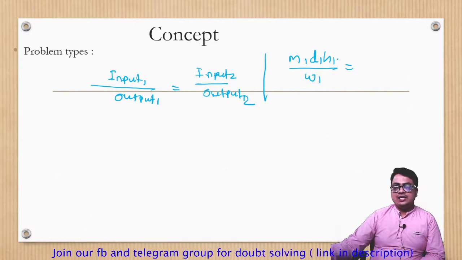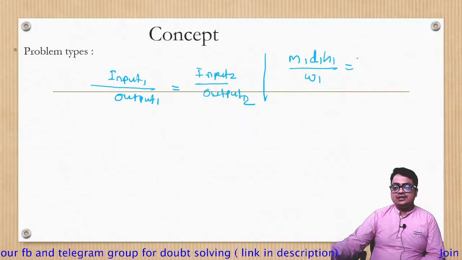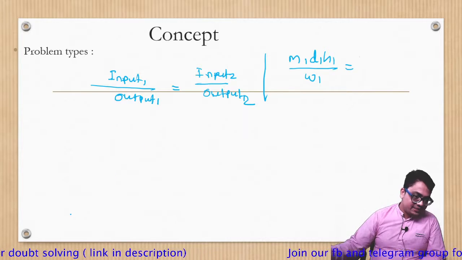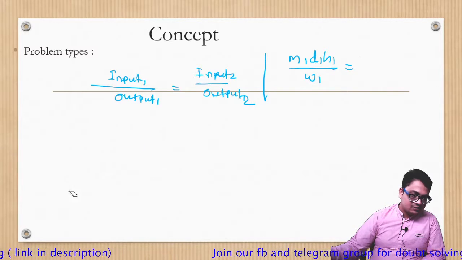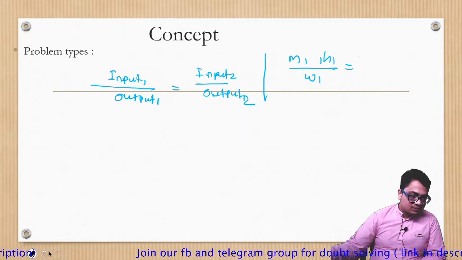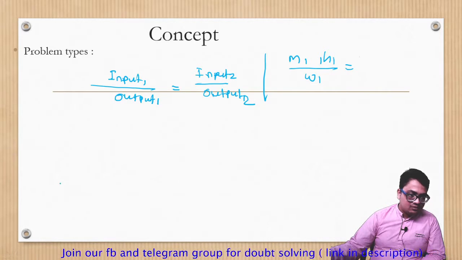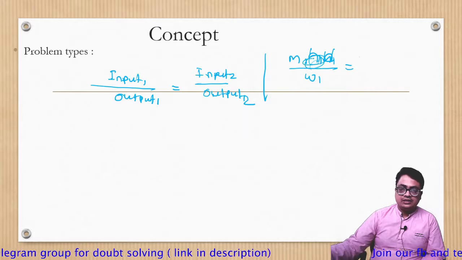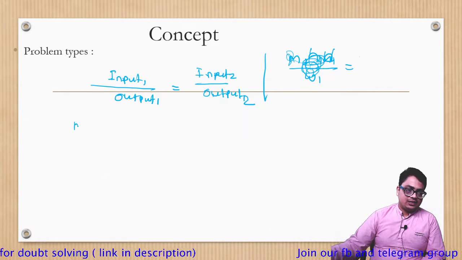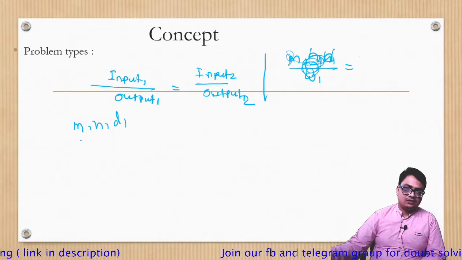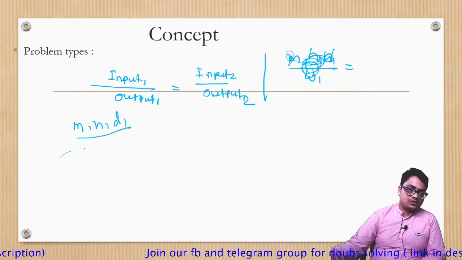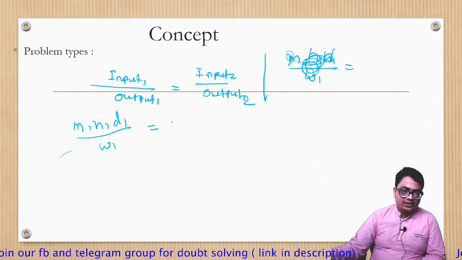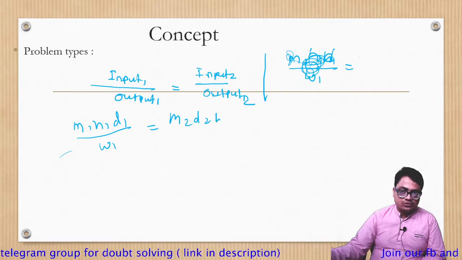Okay, M1 H1 D1. For simplicity, let me write it as M1 D1 H1, M2 D2 H2.